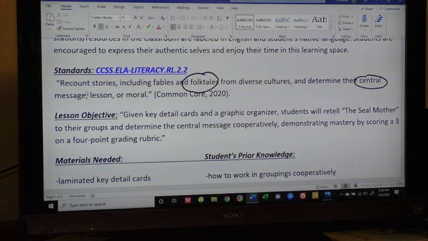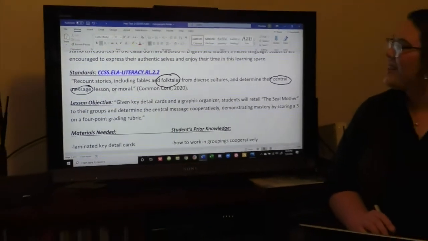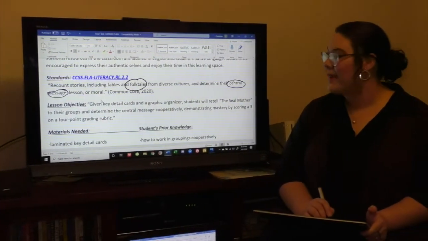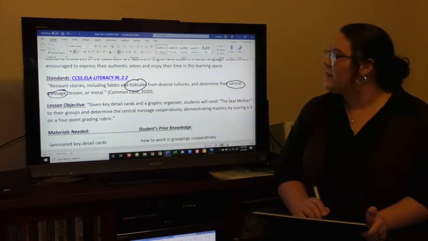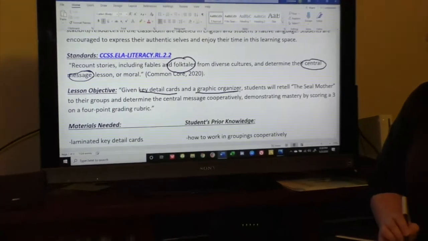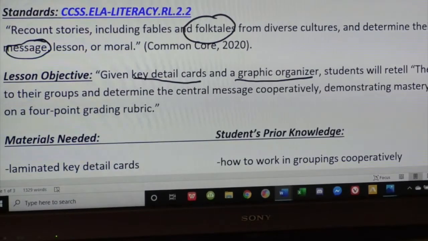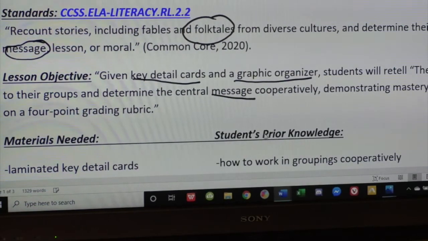Central message. Look at that, guys. Those are our words. Lesson or moral, okay? And let's put that in a little easier terms, huh? Given your key detail cards and a graphic organizer that I'm going to give you, I want you to be able to tell me the Seal Mother story in your groups and to determine the message together.